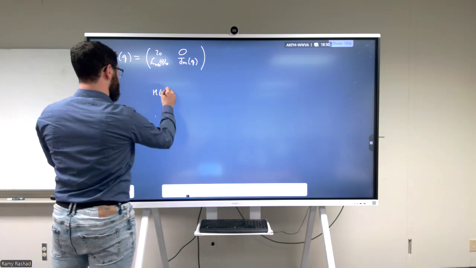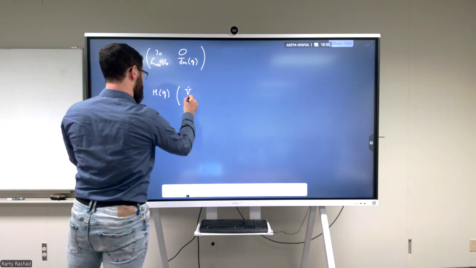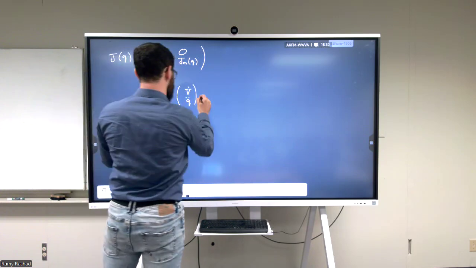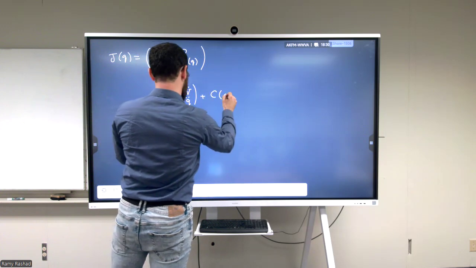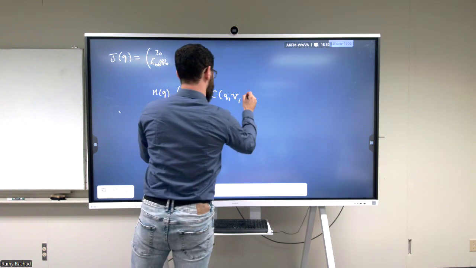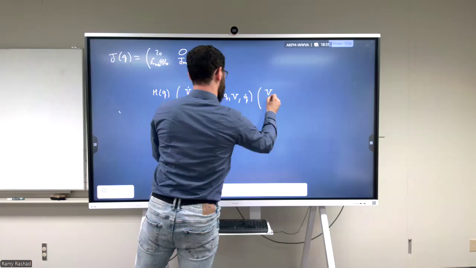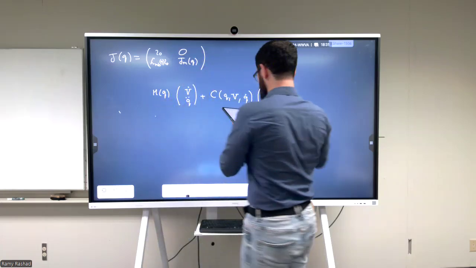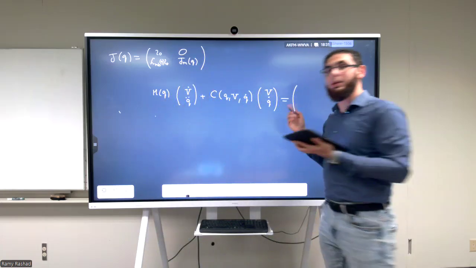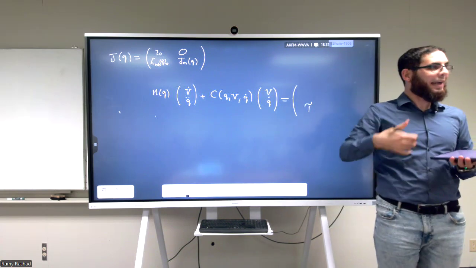M of Q times V dot and Q double dot, plus C of Q, V, and Q dot multiplied by V and Q dot. And then we have not only torques at the joints, we're also allowed to have actuation of the base.